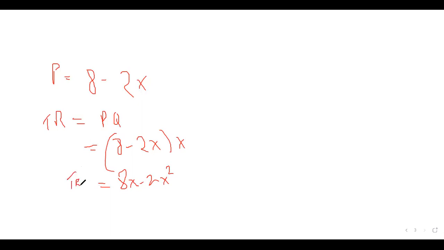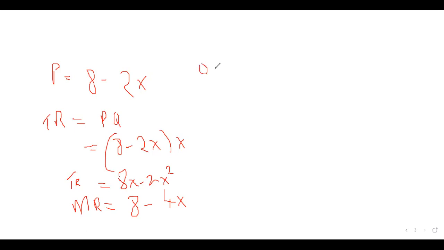What becomes our marginal revenue? Somebody assist. What becomes our marginal revenue? 8 minus 4x. Good. So how do we maximize revenue for good x? You equate it to 0.